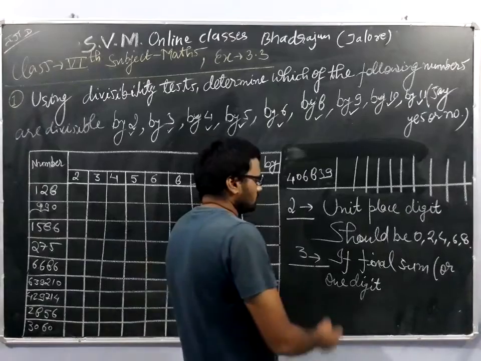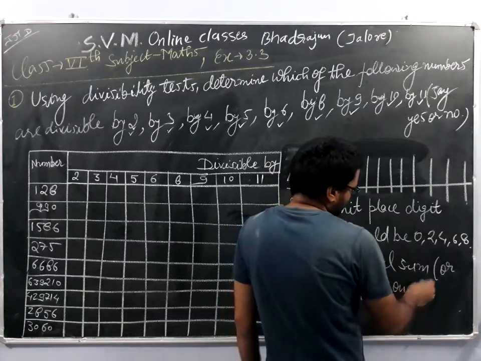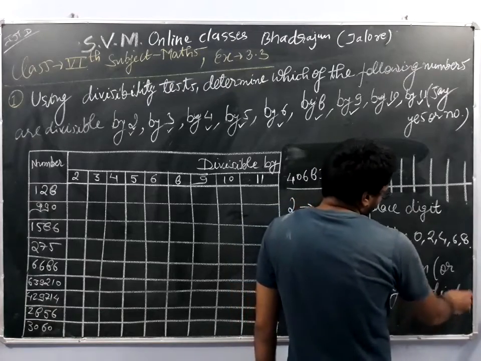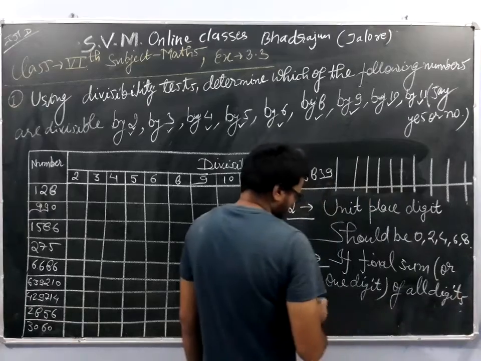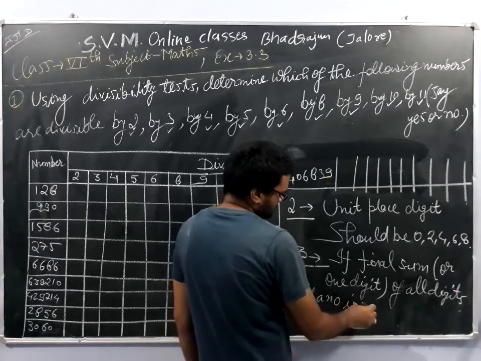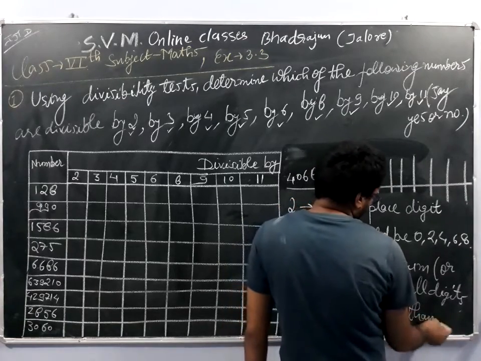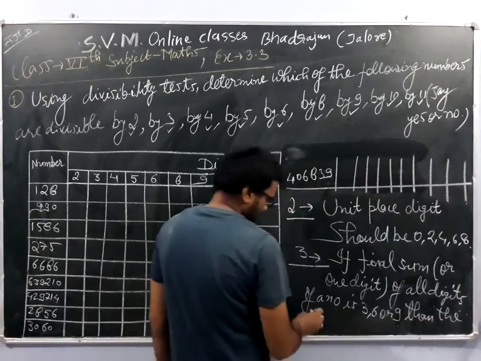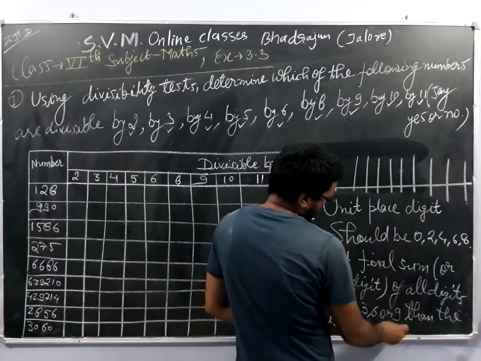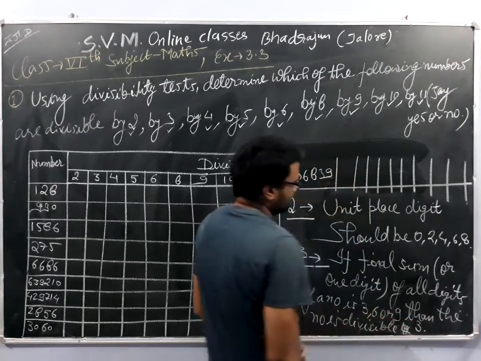Okay, so if the final sum or one digit sum of all digits of a number is 3, 6 or 9, then the number is divisible by 3.